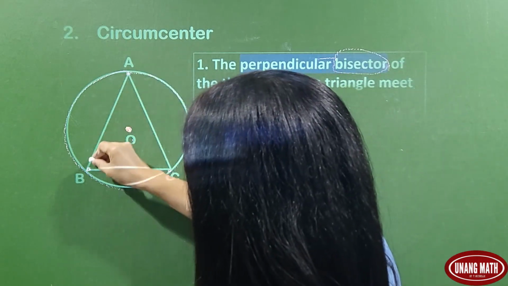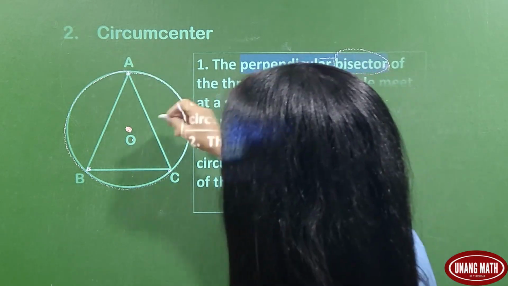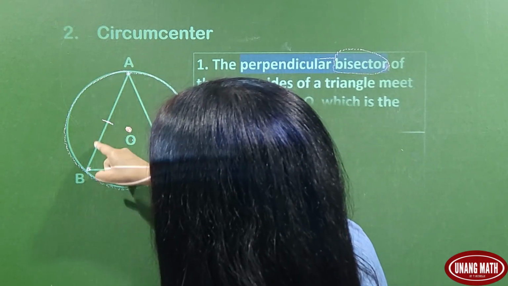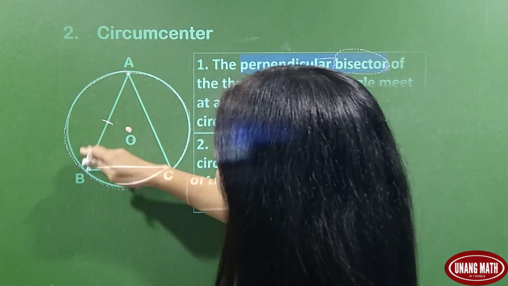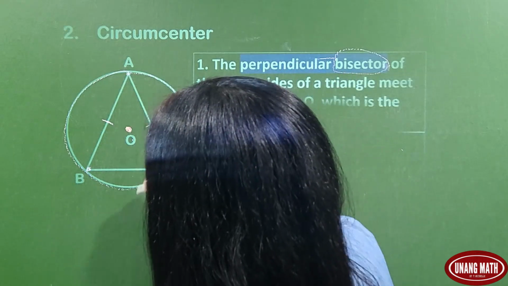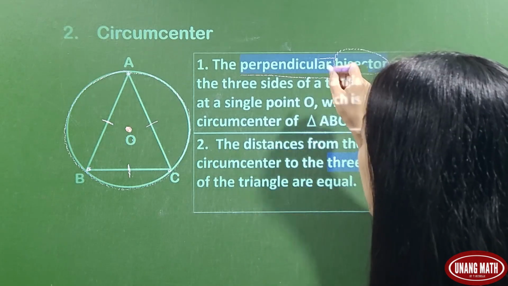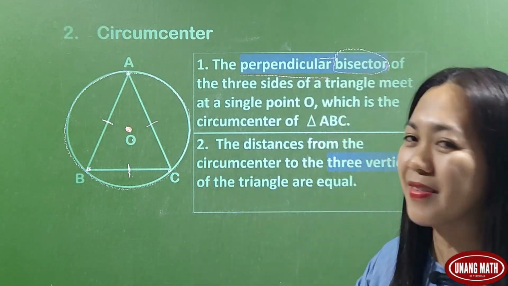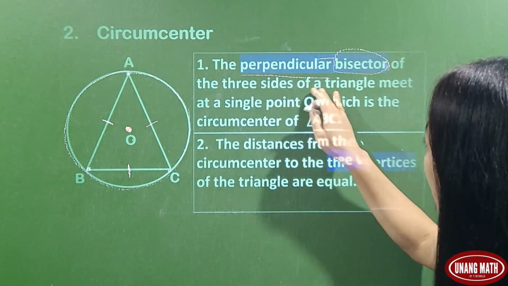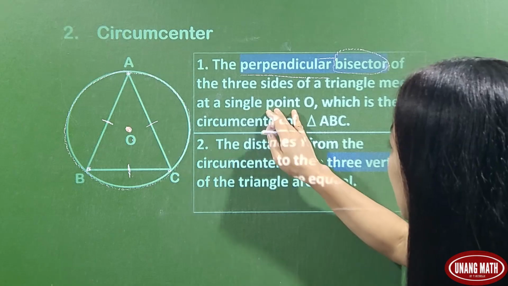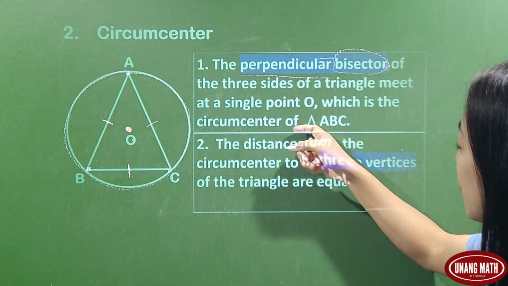So this is a side of a triangle, a side of a triangle, a side of a triangle. Bisector meaning it divides this side into equal parts. So here and then here. And take note, we have the word perpendicular bisector. So the perpendicular bisectors of the three sides of a triangle meet at a single point O. So this point is the circumcenter of triangle ABC.